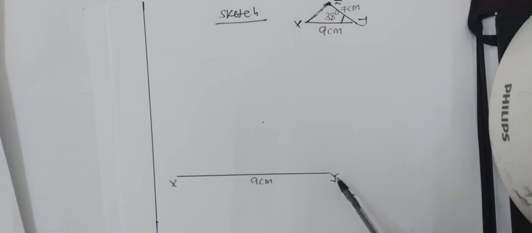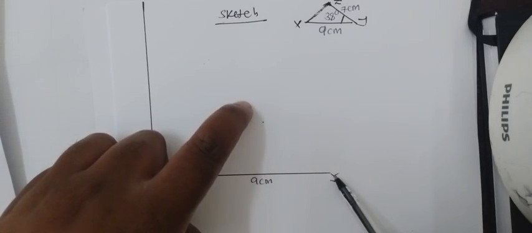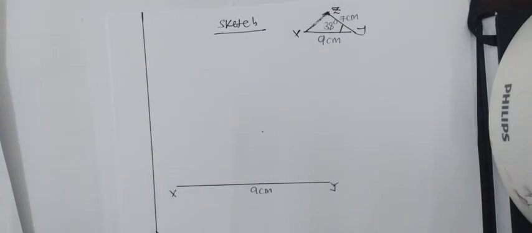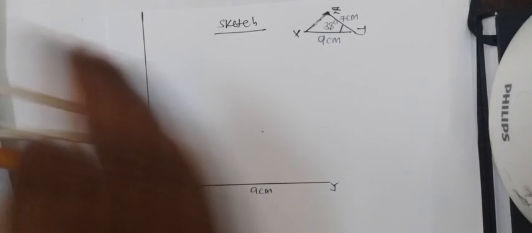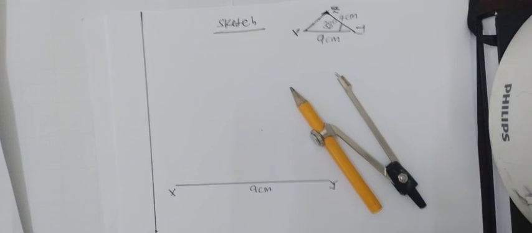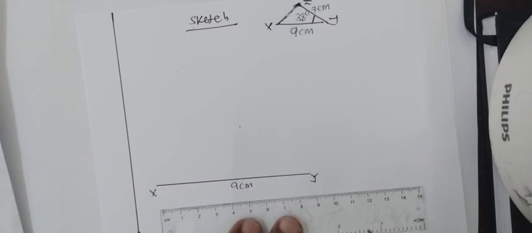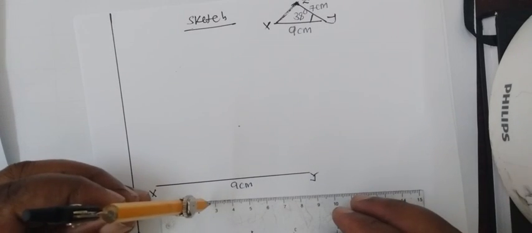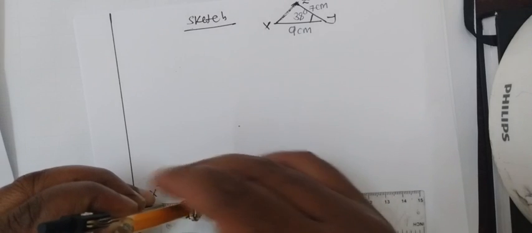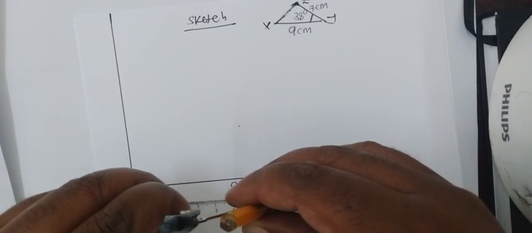Then you look at the distance from Y to Z. What is the distance? 7. So you get your compass and the ruler. Measure 7 from this point. You extend your compass to 7.